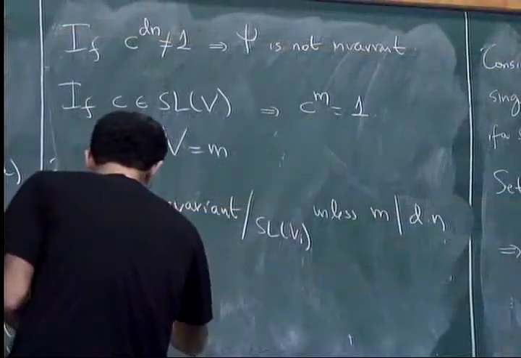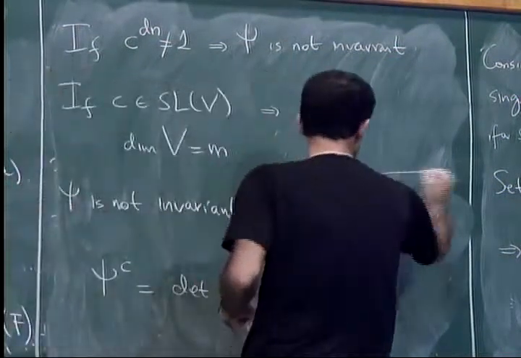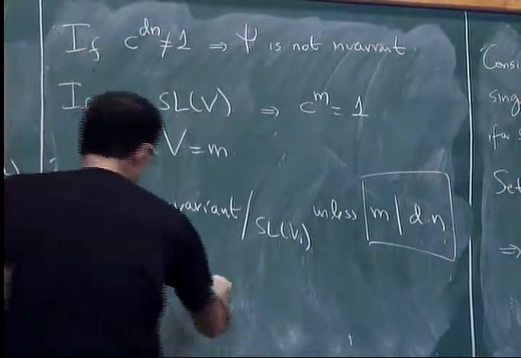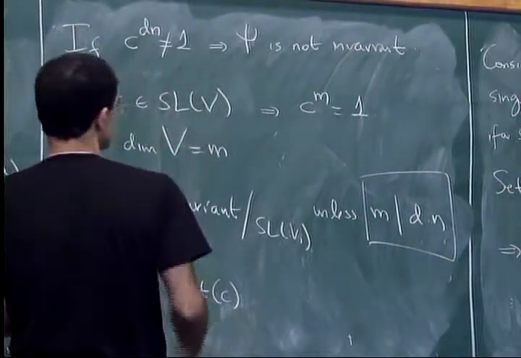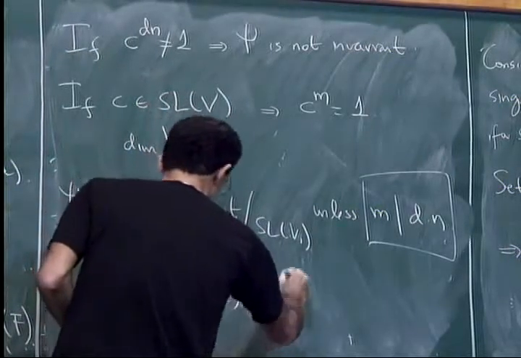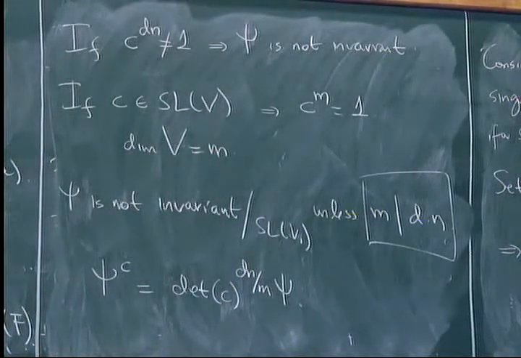But let me just put here that if this situation holds, then since the determinant of C is C to the m, what you have is this.